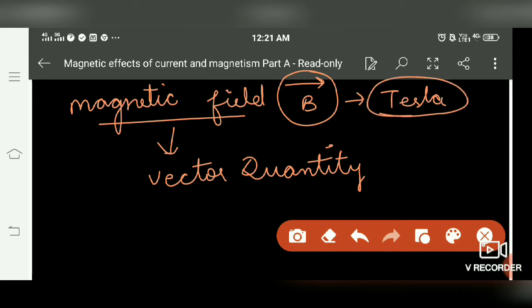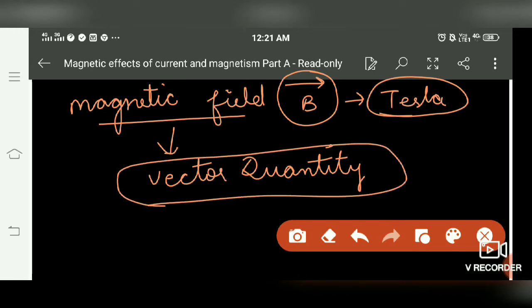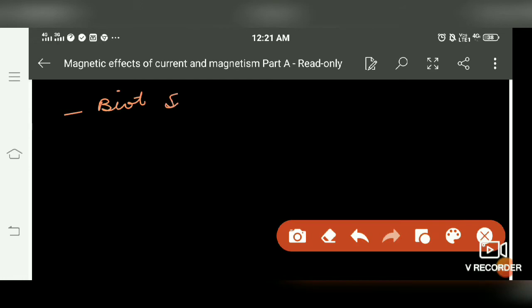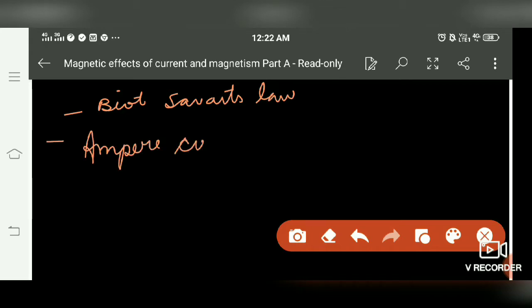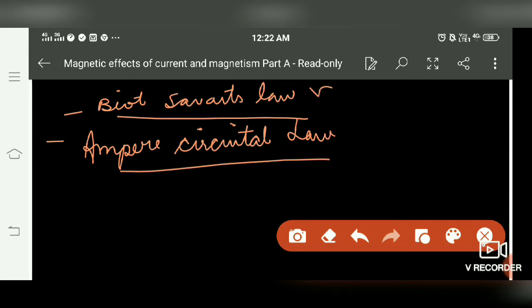So this is magnetic field. To find magnetic field, we have two laws. First is Biot-Savart law, and second one is Ampere's Circuital law. So let's start first with the Biot-Savart law.